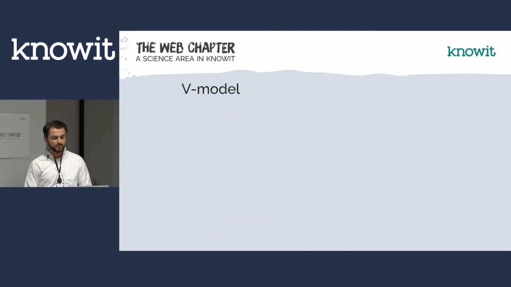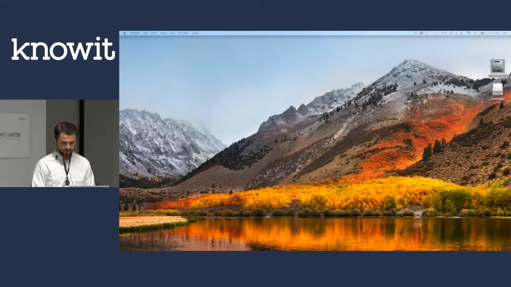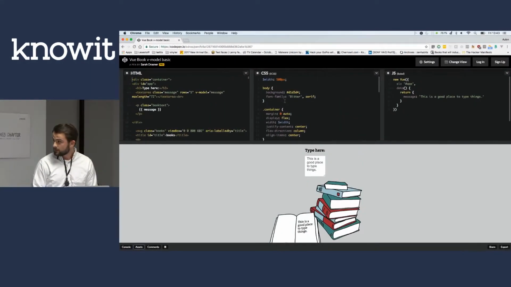And then we have v-model, which you can use to create two-way data binding on form input and textarea elements. It automatically picks the correct way to update the element based on the type, which I'm going to show you since I can't actually import CodePen. So yeah, here we have the instance with the message, and then in the HTML code, on the textarea, we have v-model message.